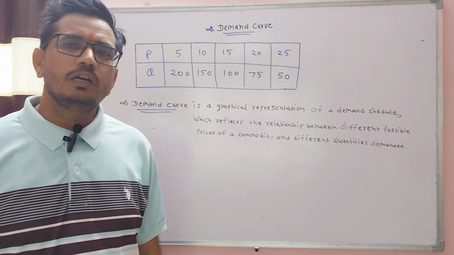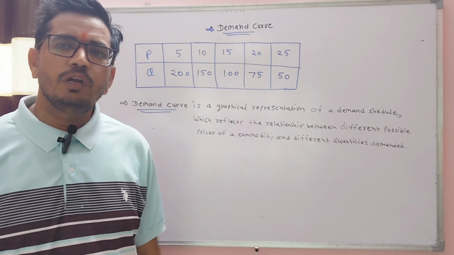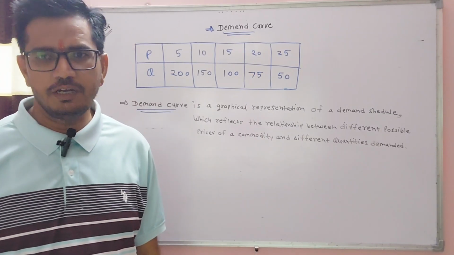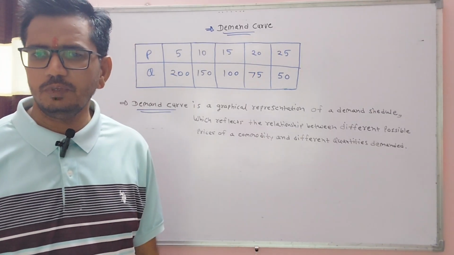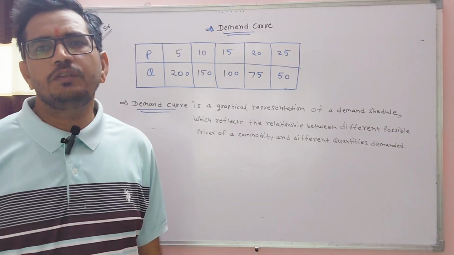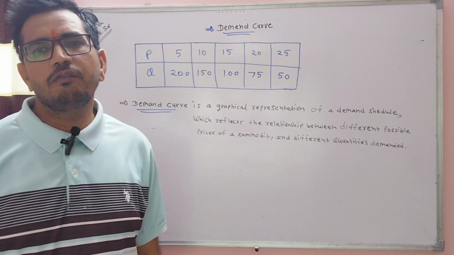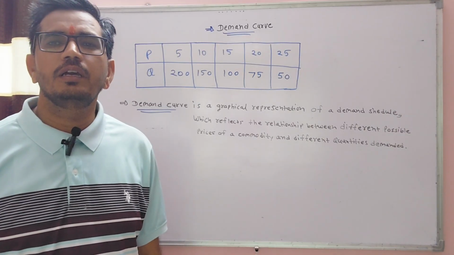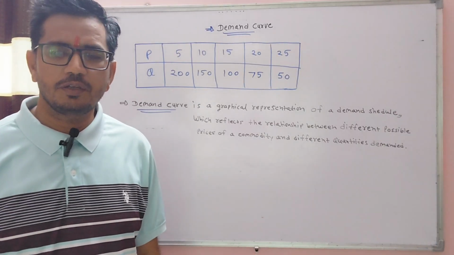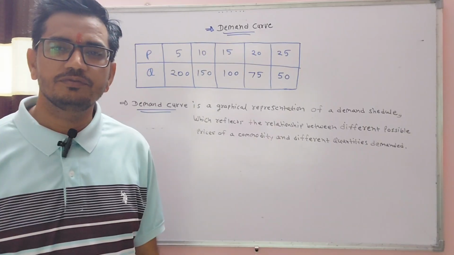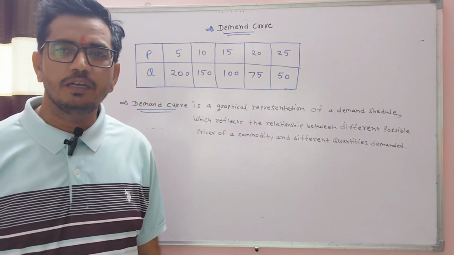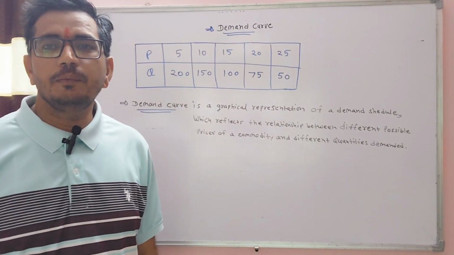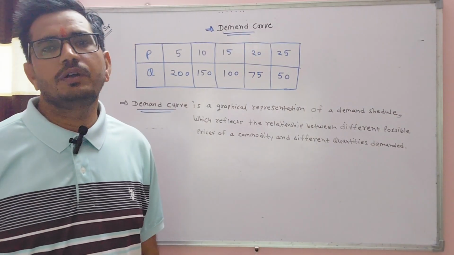So a tabular presentation of demand is demand schedule. We already discussed this. But demand curve is a graphical representation of demand schedule. I am saying demand curve is a graphical representation of demand schedule.